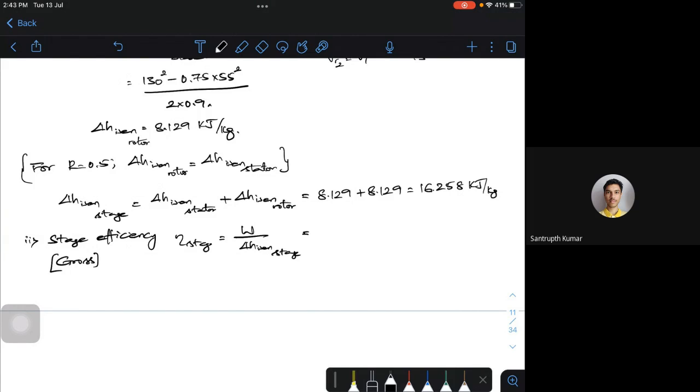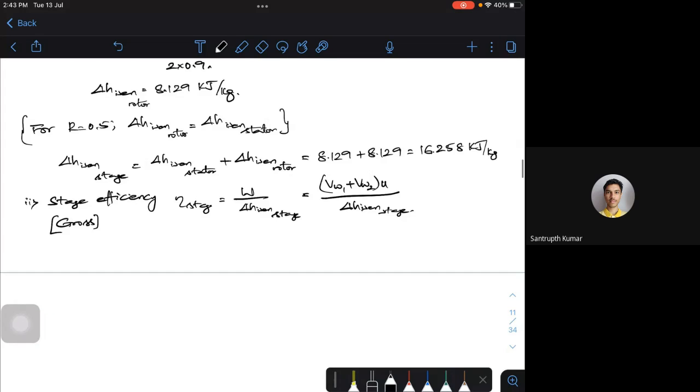That is, VW1 plus VW2, into U, divided by delta H isentropic of the stage.